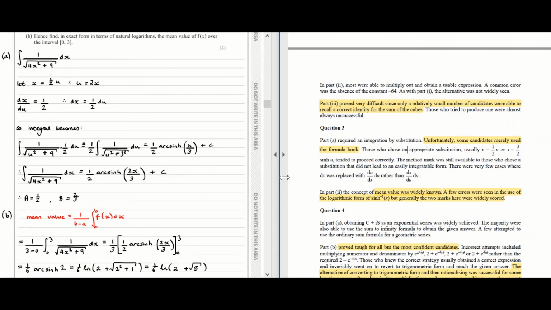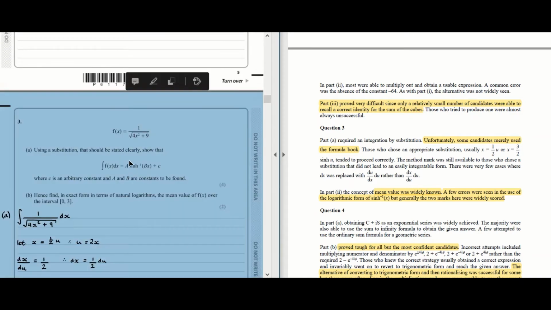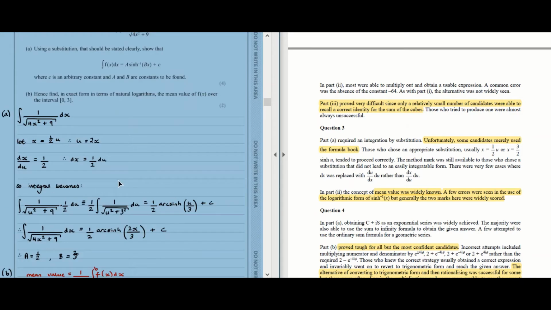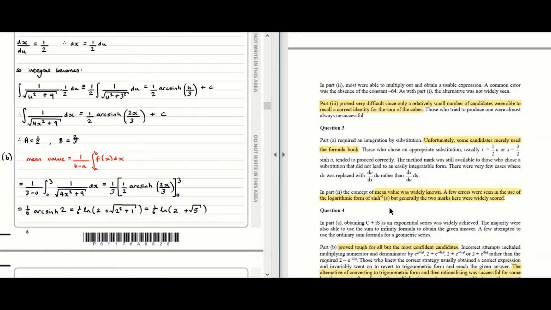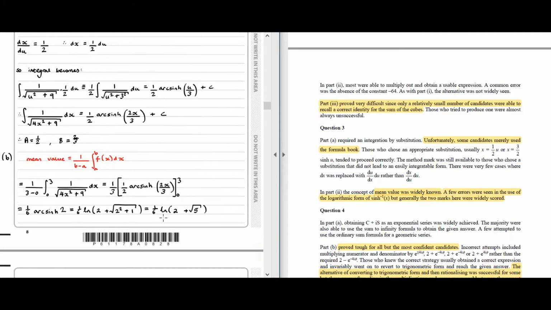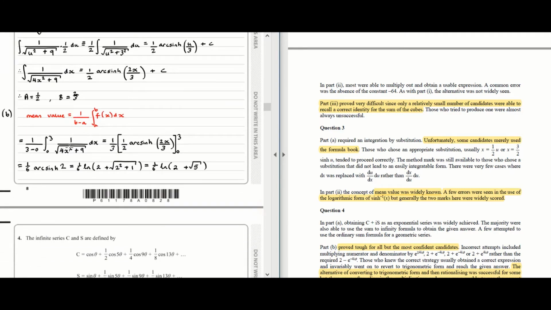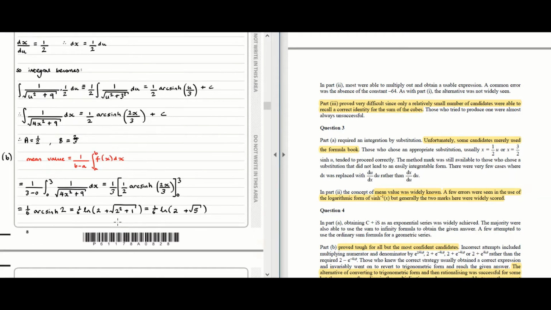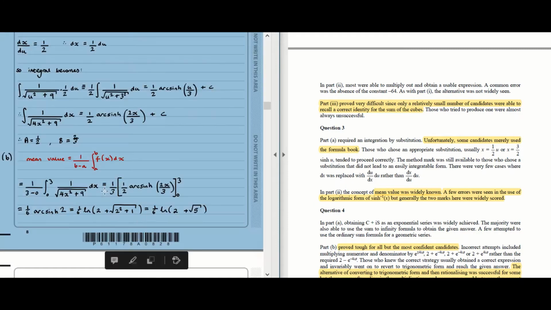Obviously arc hyperbolic sine is the same as the inverse hyperbolic sine. But other than that, it was just a standard integration by substitution problem. For the next part, which is quite good, a few errors were seen in the use of the logarithmic form of the inverse hyperbolic sine, even though I did use that myself. But generally the 2 marks here were widely scored.